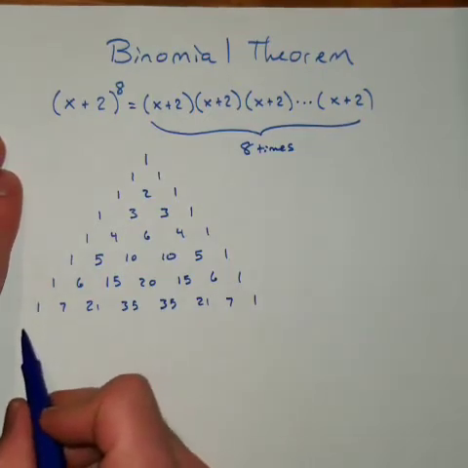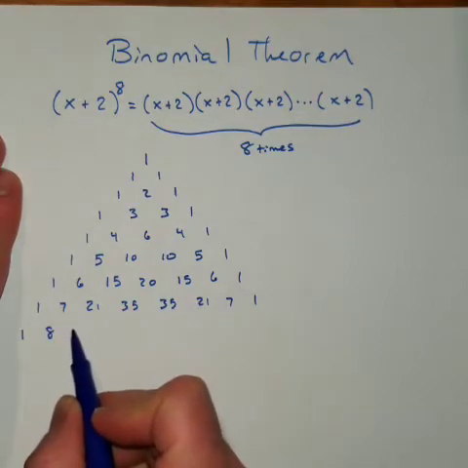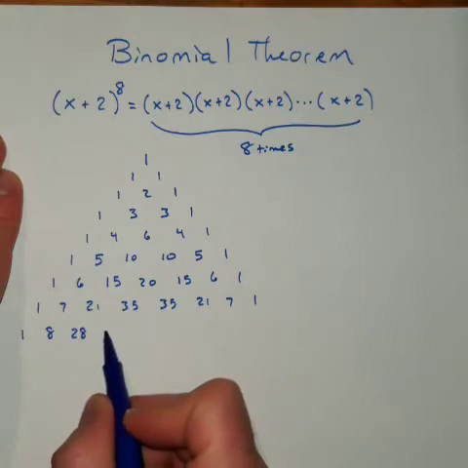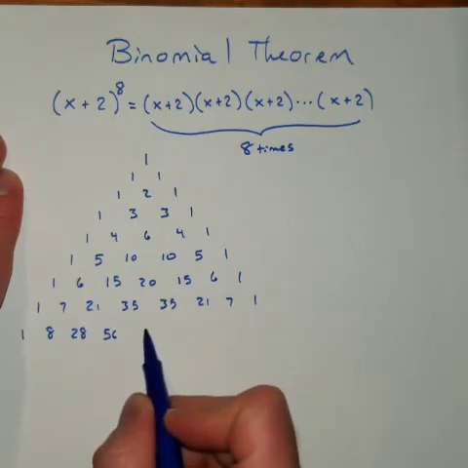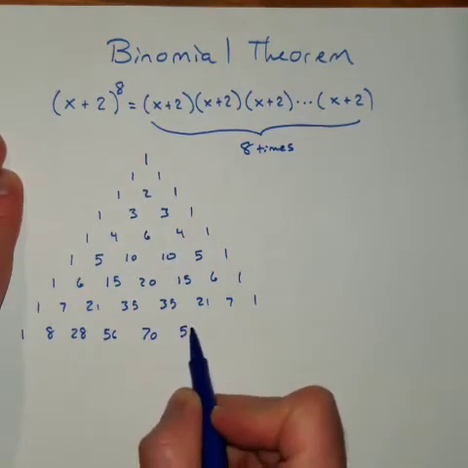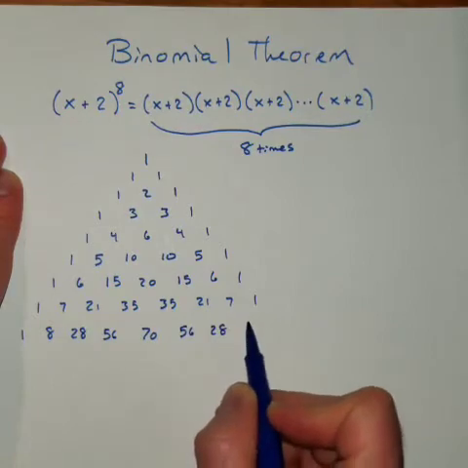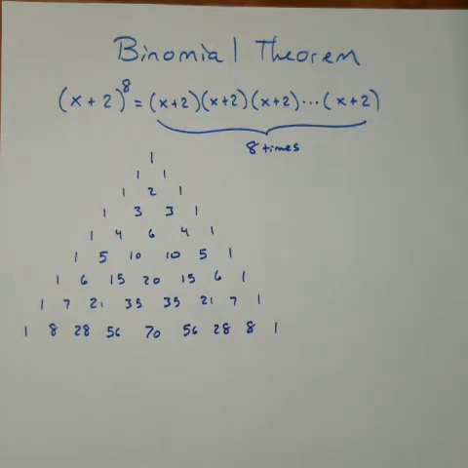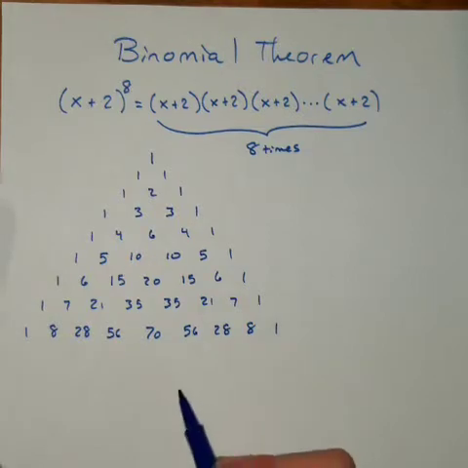Now finally, this is the row we're looking for. 1, 8, 28, what's that, 56? And 70 and 56, 28, 8, and 1. So I have my coefficients now. I'm going to write these out.